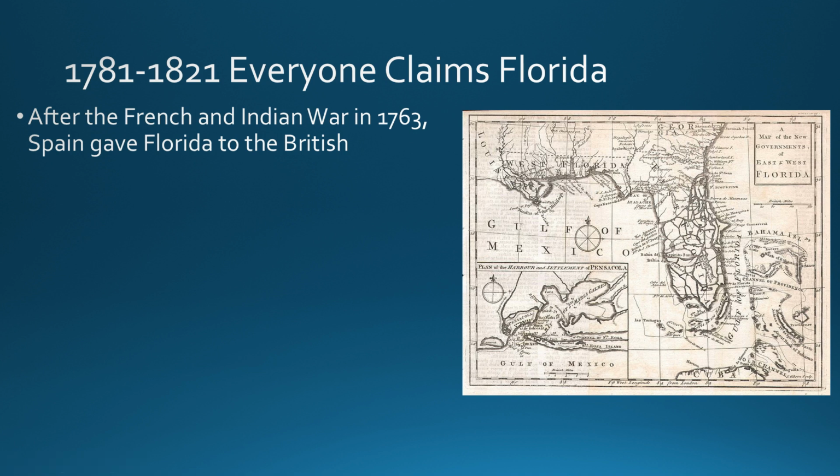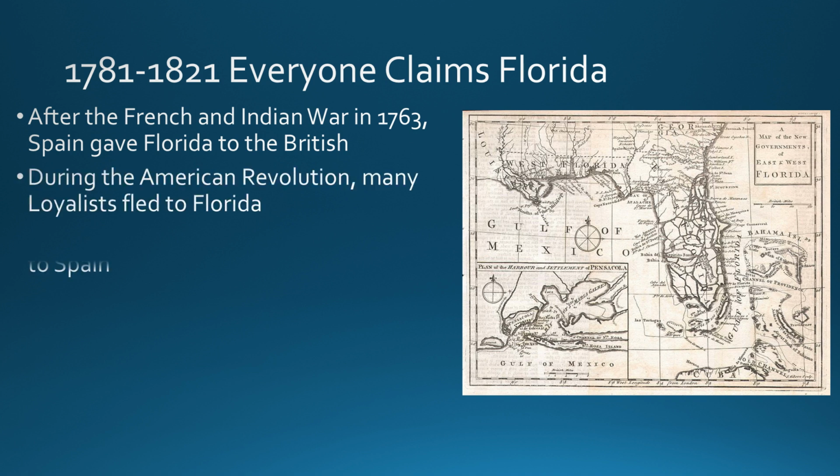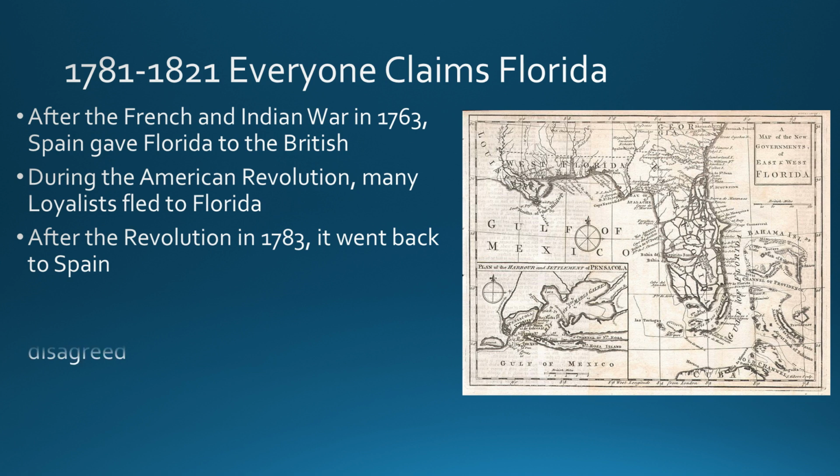At the time, Florida stretched all the way to where the Mississippi River is. So the area of today's Mississippi and Alabama, right here, was all part of Florida. During the American Revolution, many Loyalists fled the 13 colonies to Florida, much like those who were escaping to places like Canada and Britain. After the Revolution ended in 1783, Florida was returned to the Spanish under the Treaty of Paris of 1783 that ended the American Revolution.